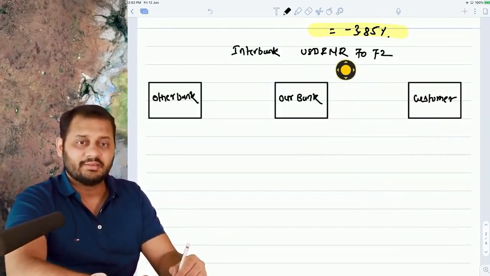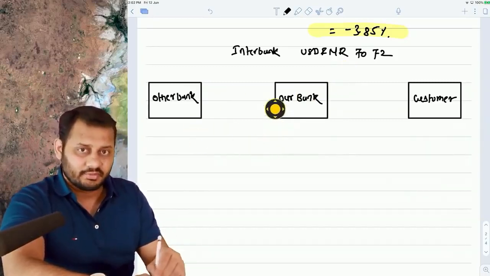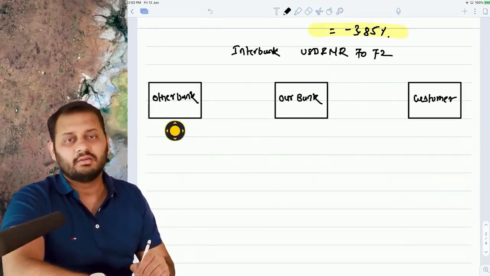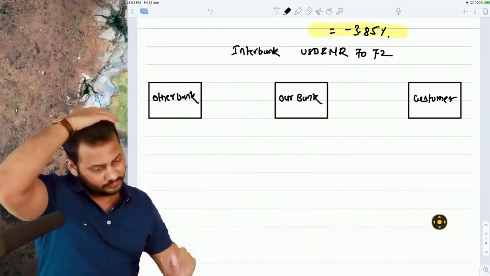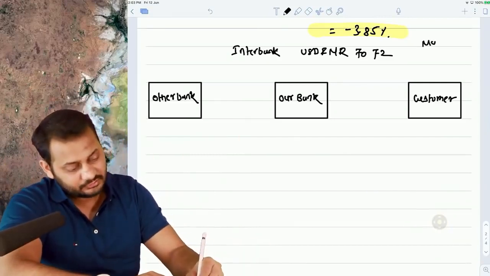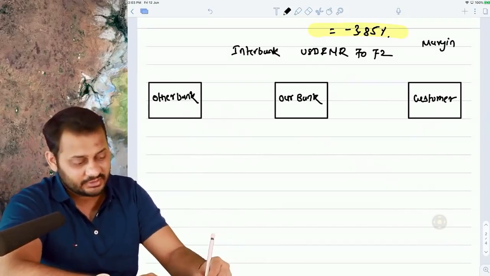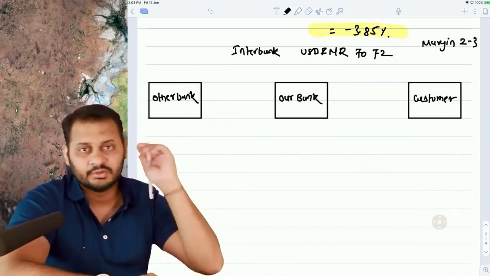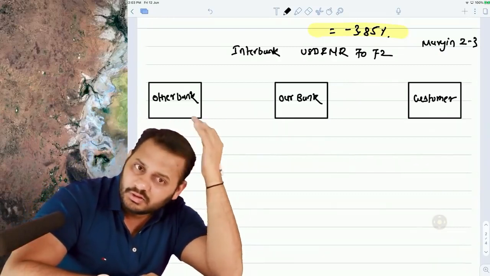If you are applying the same rate for a transaction between these two banks, then apply the rate from the other bank's angle. Okay, let's have a look. Now what is happening here? Let's say margin, I'm not taking the margin in percentage, I will take the margin as 2 and 3 rupees directly to keep it simple.